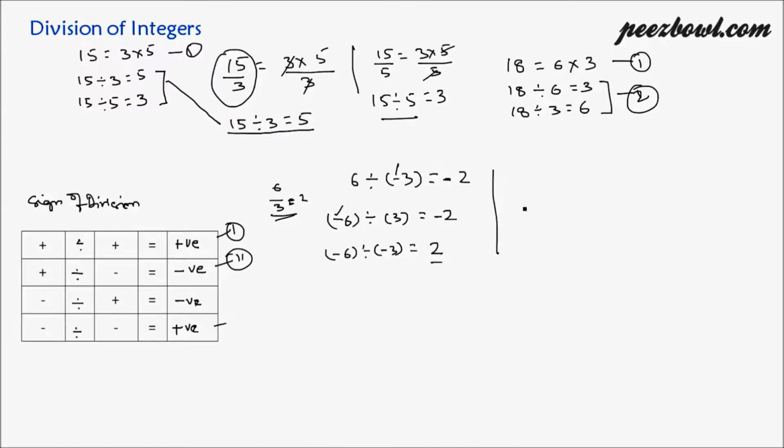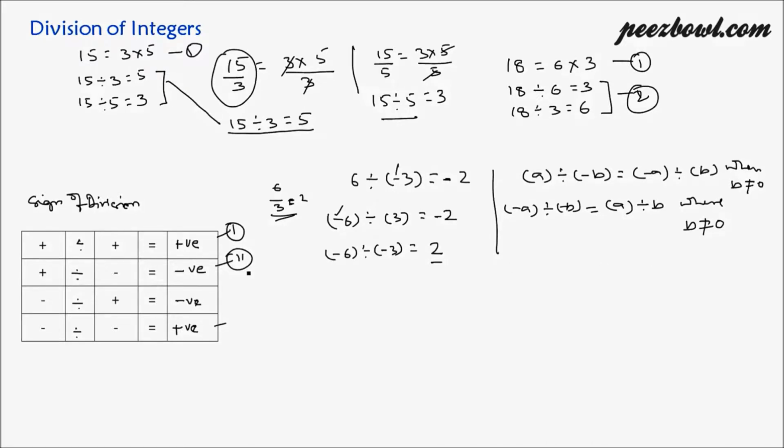In other ways we can also say that a divided by minus b is equal to minus a divided by b when b is not equal to 0, and minus a divided by minus b is equal to a divided by b where b is not equal to 0.